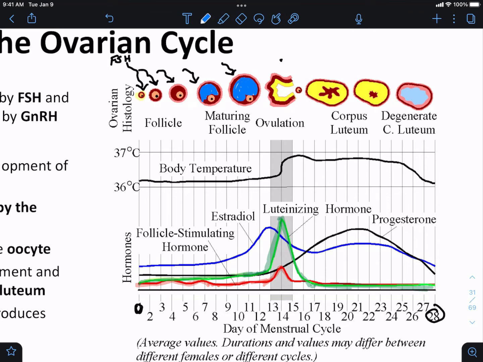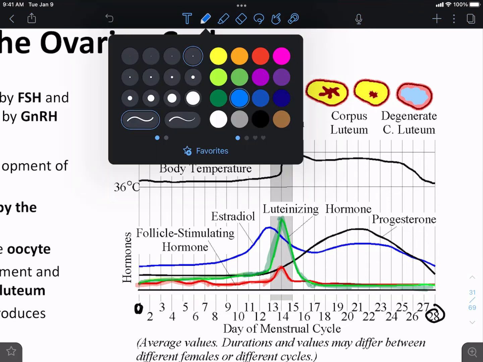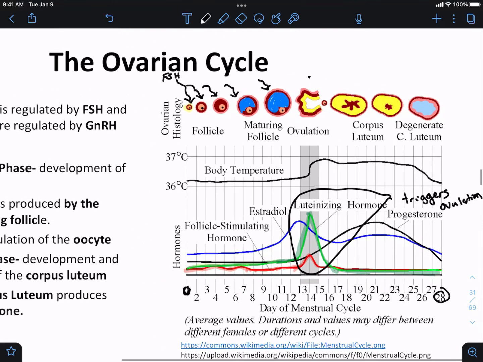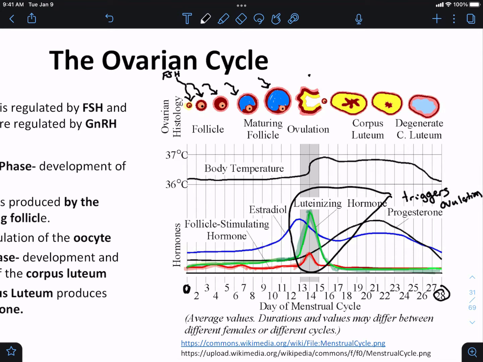This gigantic surge right here, known as the LH surge, is responsible for triggering ovulation. Without that LH surge, we don't ovulate. And there are occasions when females will have a menstrual cycle without actually ovulating. That's not all that uncommon.